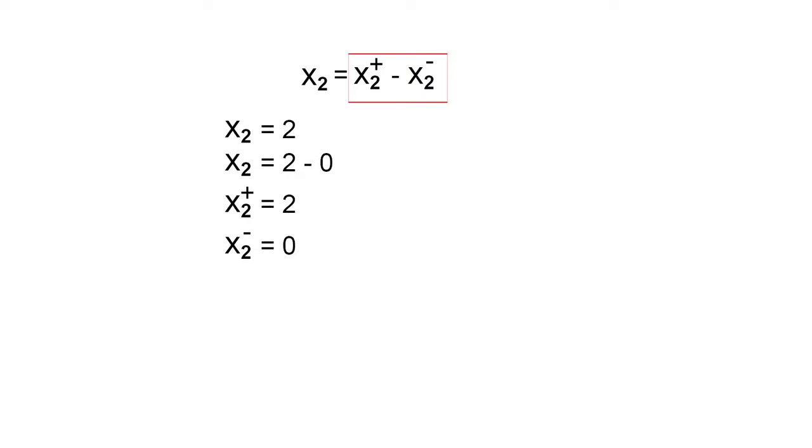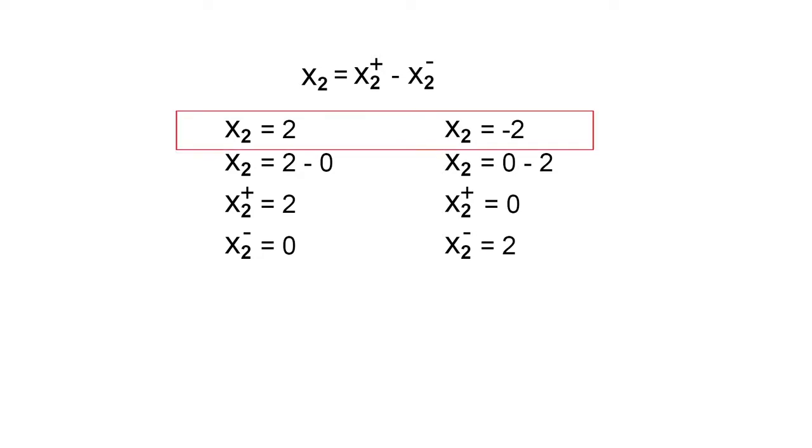If the actual value of x sub 2 is equal to negative 2, our transformation will take on the values 0 minus 2. In this case, x2 plus will take on the value of 0 and x2 minus will take on the value of 2. We are able to express our singular value as a difference of two positive values.